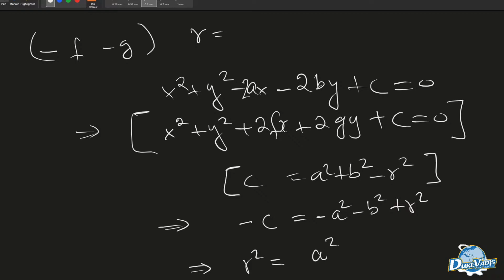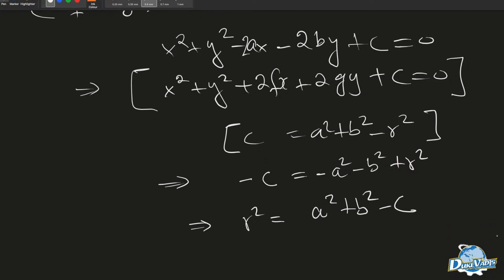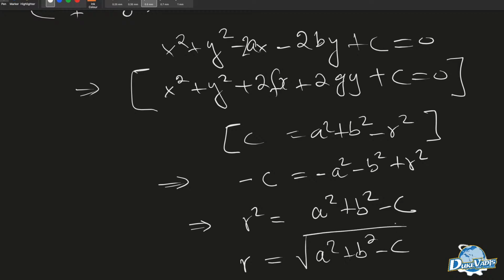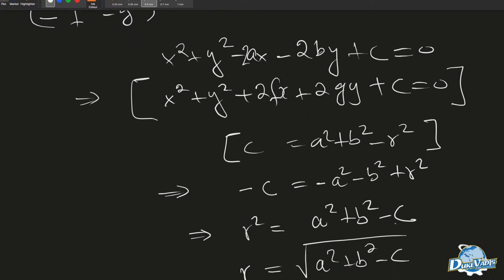A squared plus B squared minus C. And this can also help us to find the radius, R squared equals A squared plus B squared minus C. So sometimes these equations can help us to do things quickly in situations where we are not asked to prove any point.